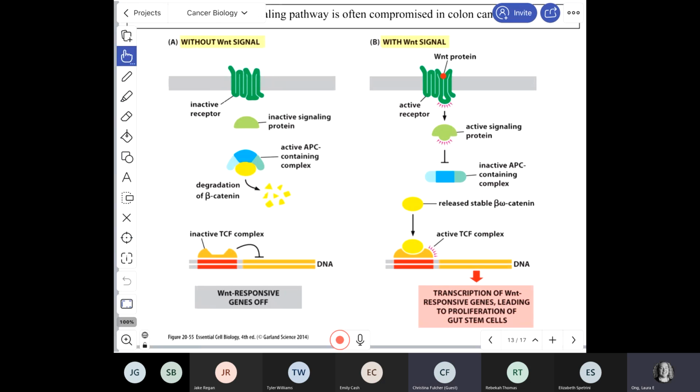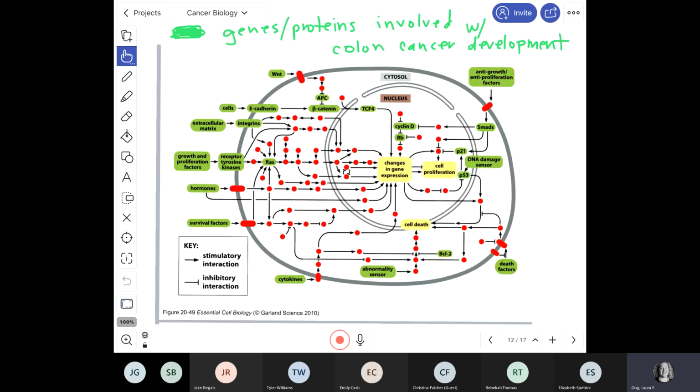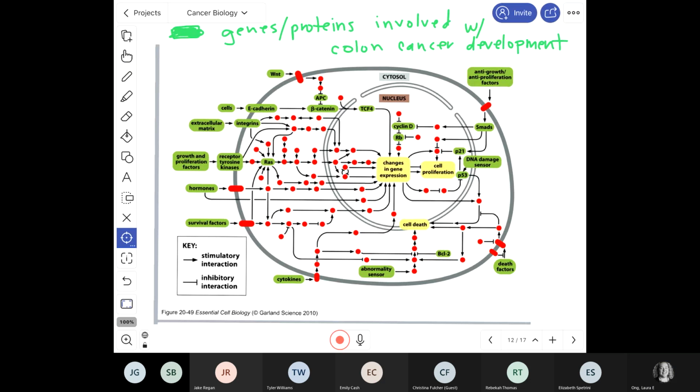Can you go back? Yeah, what are the red dots specifically? Oh, good. Such a good question. So the red dots are proteins that they're not giving a name to. Let me find an example.